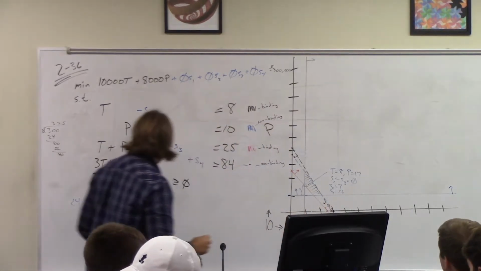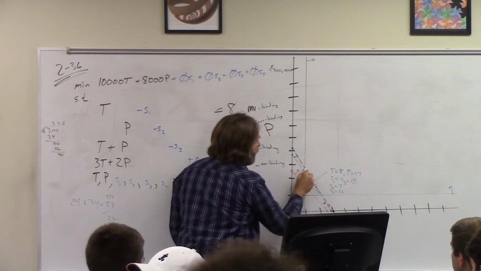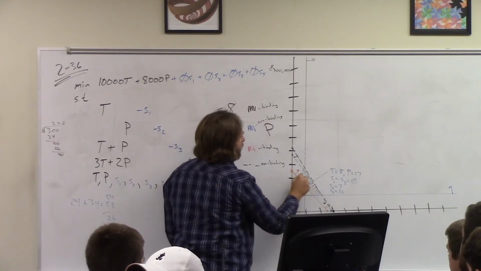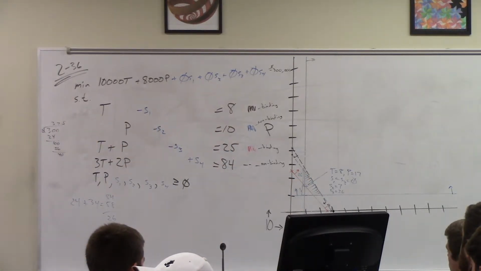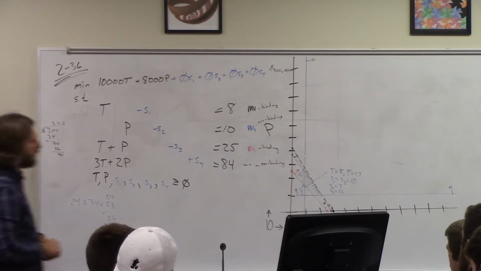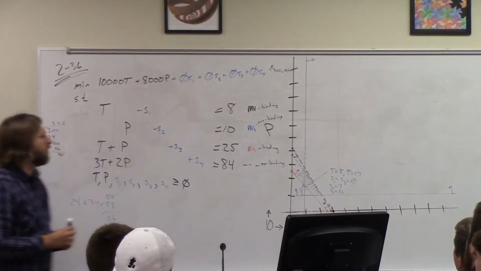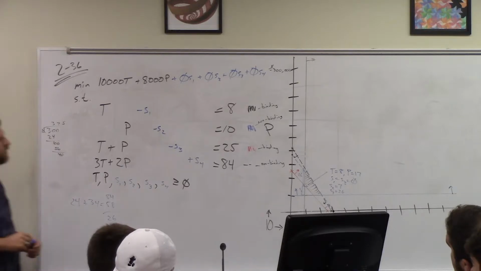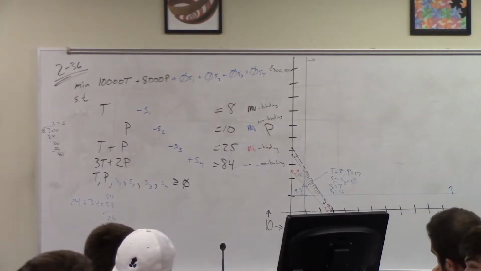And again, this is for our dashed line. It's the distance here. All right. So that gives us how much extra we have available to us.